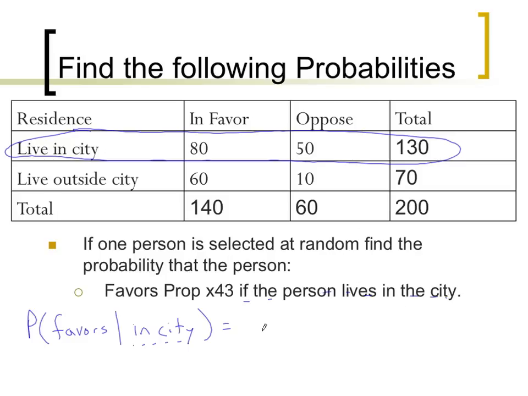There are 130 people that live in the city, and out of those 130, 80 are in favor. So we get 80 out of 130, which is 8 in 13. We just take what we're looking for out of what we know, and we get 8 out of 13.